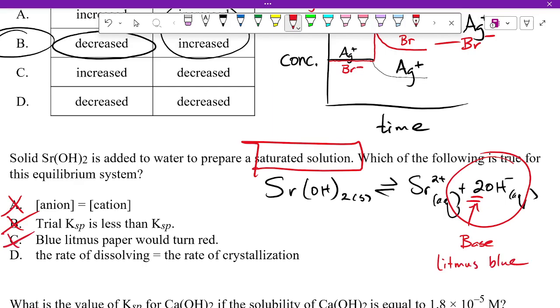So it's not going to turn it red. And we have a saturated solution. Does the rate of dissolving equal the rate of recrystallization? Yes, because at a saturated solution, we are at equilibrium. So the answer is D.